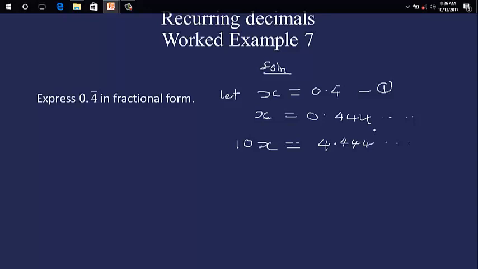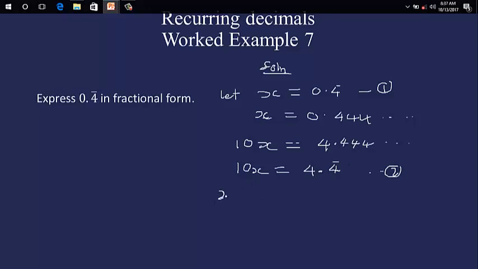Now, don't forget that the 4s are many over here. So if you move 1 decimal place, it is still recurring. Now we can rewrite this as 10x is equal to 4.4 recurring. So let this be equation 2.